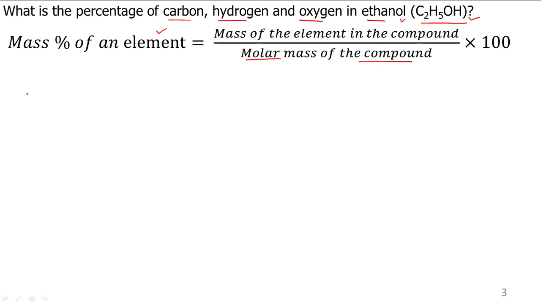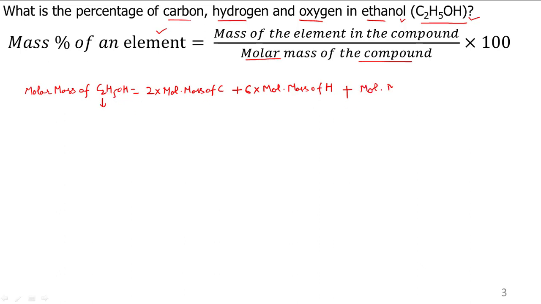Now our compound is C2H5OH, so the molar mass of C2H5OH is equal to, as we have 2 moles of carbon per mole of ethanol, 2 into molar mass of carbon, plus we have 5 plus 1, 6 hydrogen, 6 into molar mass of hydrogen atom, plus we have 1 oxygen atom, molar mass of oxygen atom.